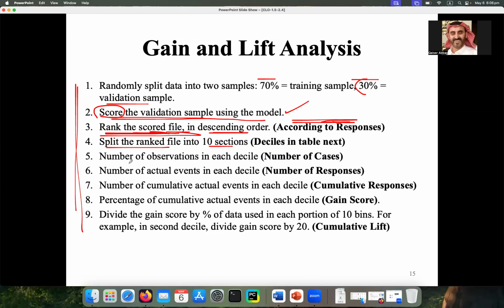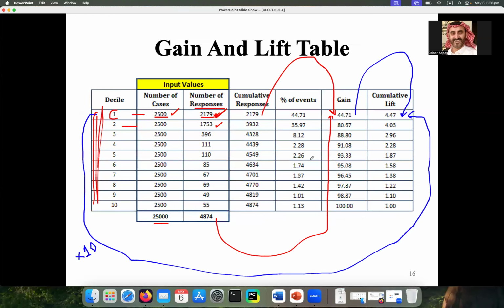And then the number of observations in each decile, the number of cases in each decile. We have already mentioned the number of cases in each decile here. In each part, we have mentioned the total number of cases. You will have this data from the data set.